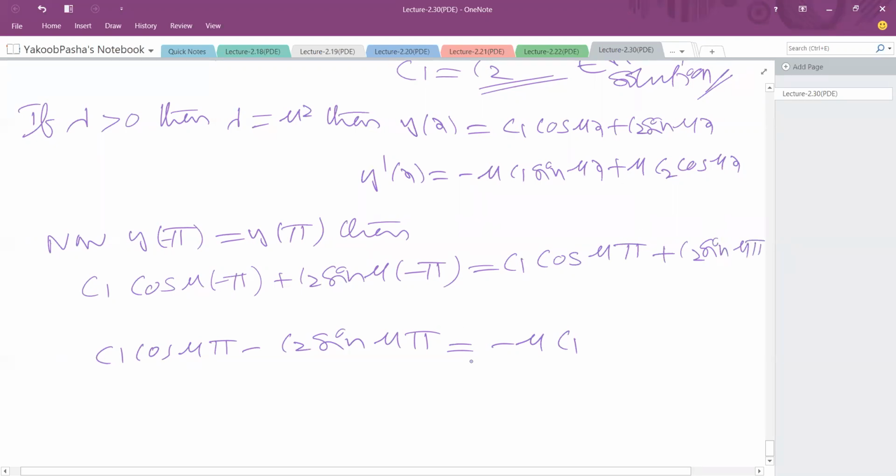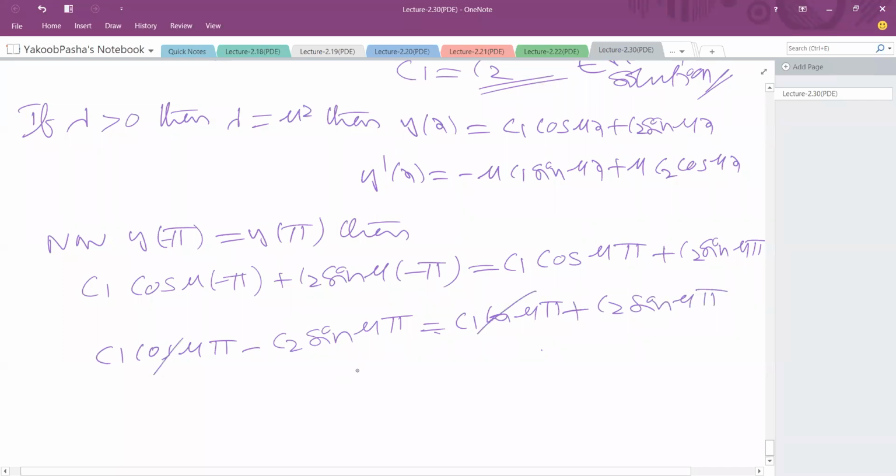From this we can write C1 cos mu pi minus C2 sin mu pi is equal to C1 cos mu pi plus C2 sin mu pi. C1 cos mu pi will be cancelled. 2C2 sin mu pi is equal to 0. In this case, 2 is not equal to 0 and C2 is not equal to 0.